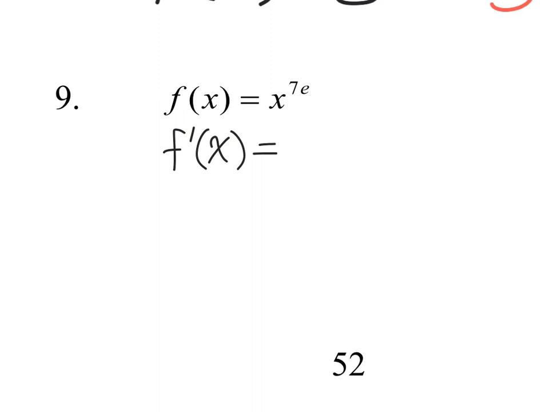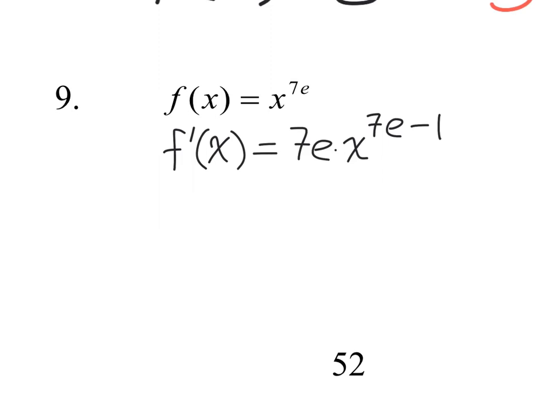Tell me what the derivative would be. 7x to the 7e minus 1. Very good. Is that it? That's the derivative, yeah? Yeah, it's a trick question.